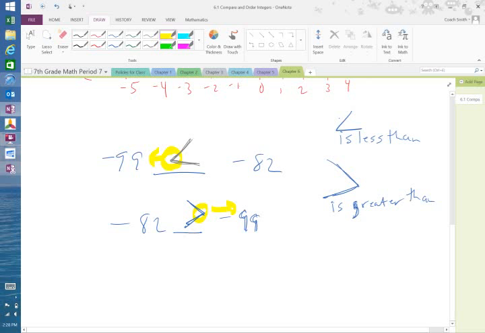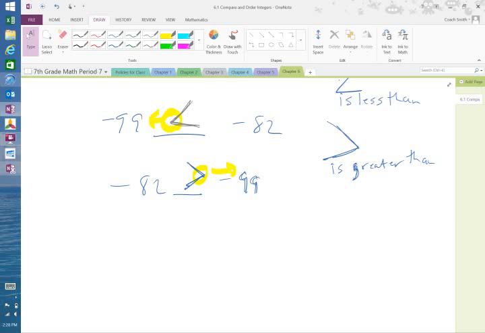But 82 has more. Well, that's why it's bigger: -82 is bigger than -99. This is the smaller number. That's why I circled that and pointed at it.